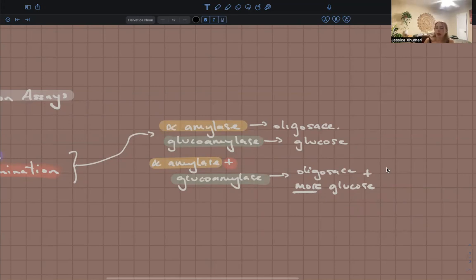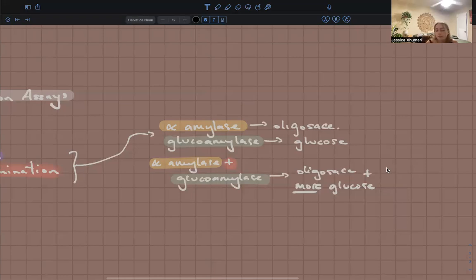Whereas if you combine the power of alpha amylase and glucoamylase, well, now at the same time, you have alpha amylase breaking down branches and glucoamylase shredding the ends as they're being cut down by alpha amylase, right? So that would be the most effective. Just to highlight here, alpha amylase doesn't really break starch down into glucose, mostly oligosaccharides, because it's an endoglucanase.